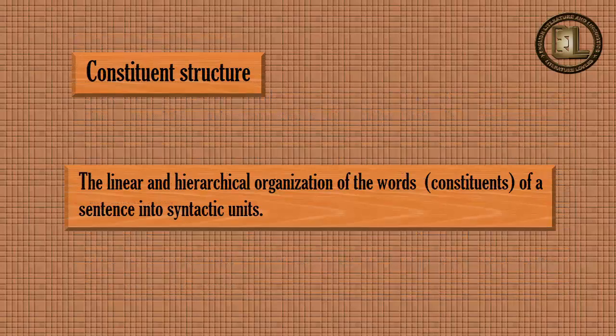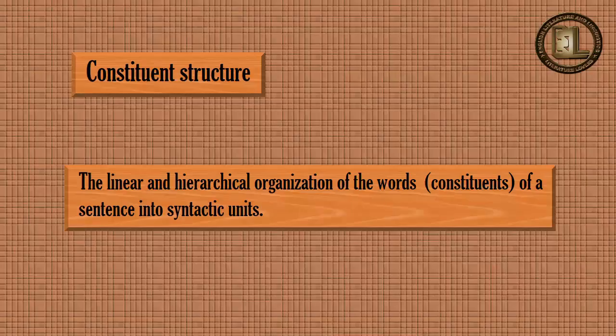Next, we are going to define constituent structure in syntax. What is it? Constituent structure in syntax is the linear and hierarchical organization of the words or constituents of a sentence into syntactic units.